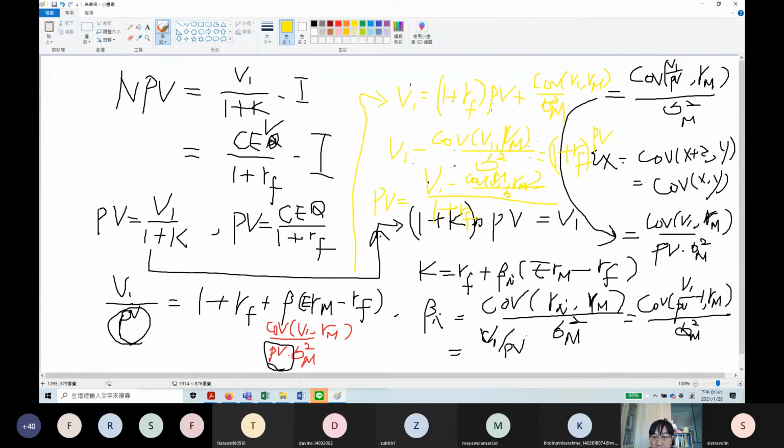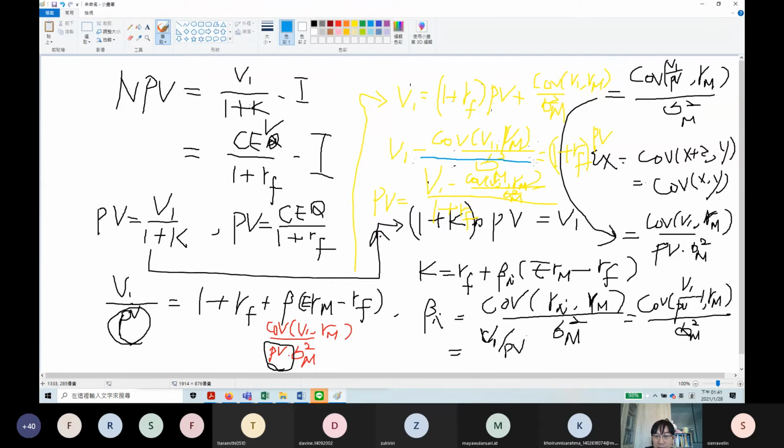Division by sigma M squared. So what is your certainty equivalent value? This one, right?